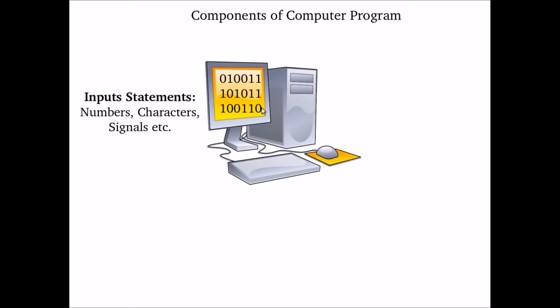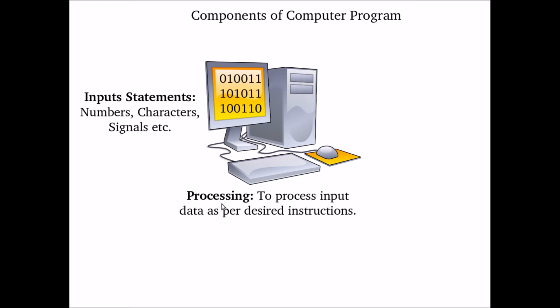So we need some set of input statements in a computer program, which can be some numbers, some characters, or some signals like a voltage signal from some sensor or from a digital to analog converter, etc. So a computer program should have some sort of input statements which the user can define easily in his simple language, and then those input statements can convert the data entered by the user into zeros and ones, which is then read and processed by the computer.